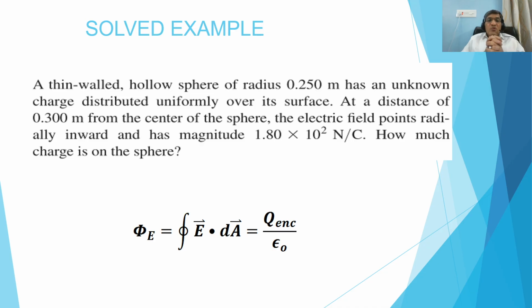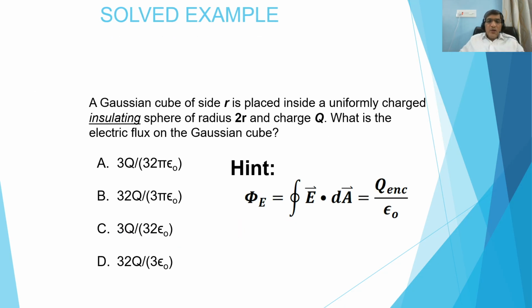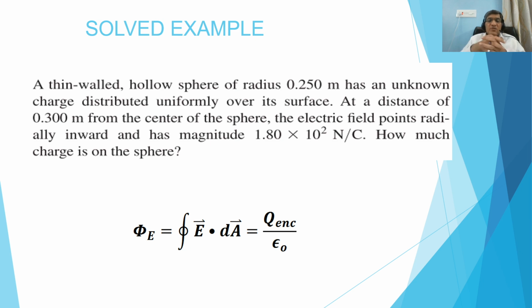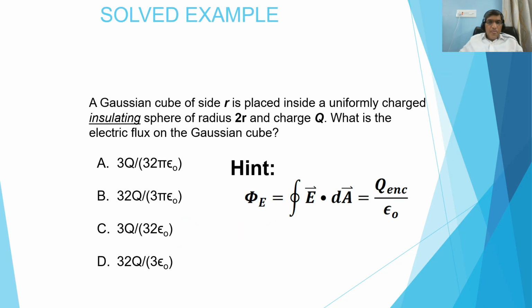How much charge is on the sphere? Basically we have to find the Q enclosed. The electric field is given and the area is given, so by simple calculation you find the charge enclosed by this formula. It is as simple as you see.